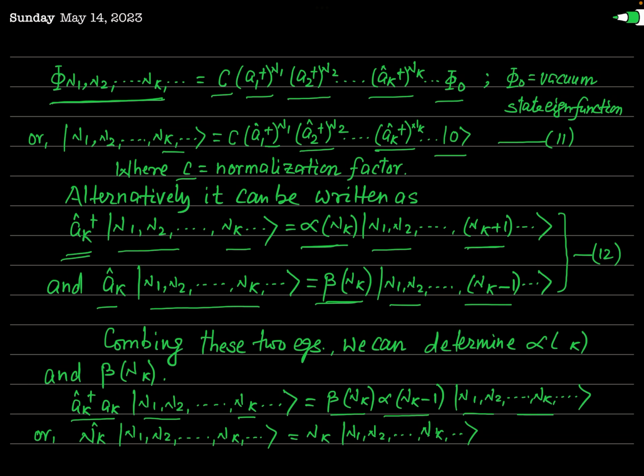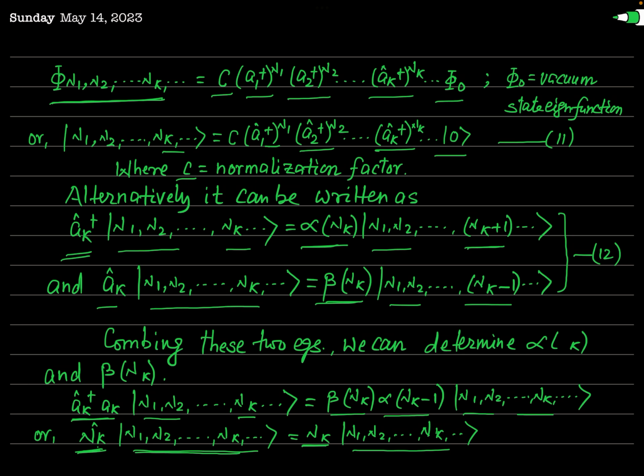You can see that this ak dagger ak is equal to nk hat, so instead of this I have written here nk hat, operated on ket n1, n2, so on, nk. As you know, when this nk hat is operated on this eigenvector, this is just an eigenvalue equation, and its eigenvalue is equal to nk. So I have written here nk, and the eigenvector is ket n1, n2, so on, nk.